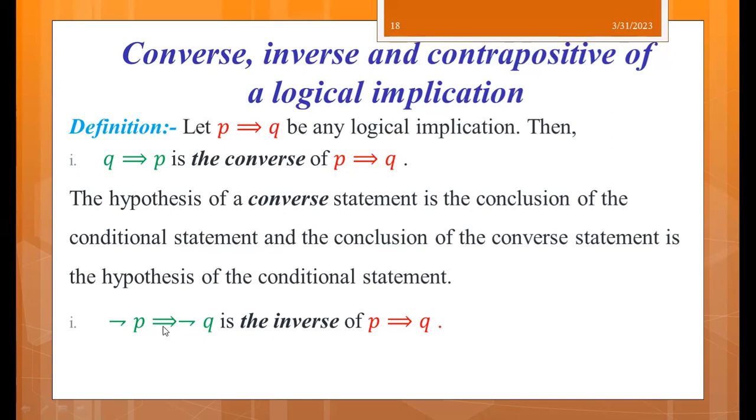So negation of P implies negation of Q is said to be the inverse of this logical implication. And lastly, the contrapositive of this logical implication would be negation of Q implies negation of P.